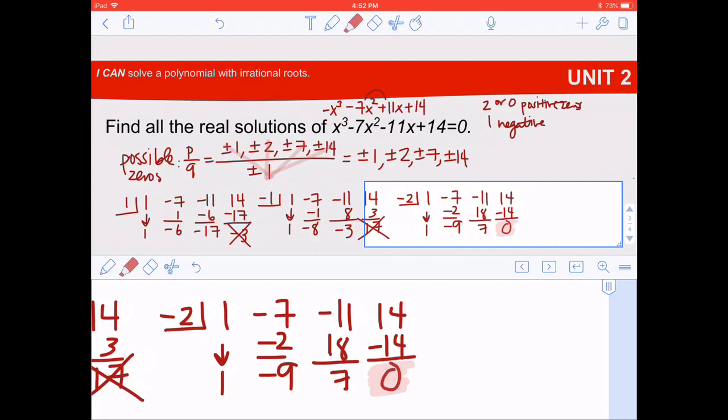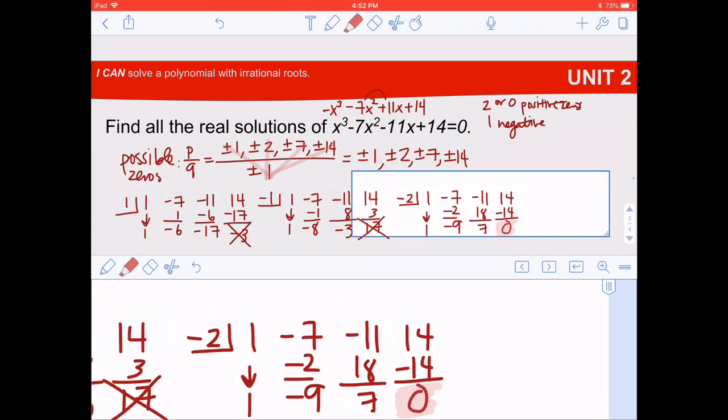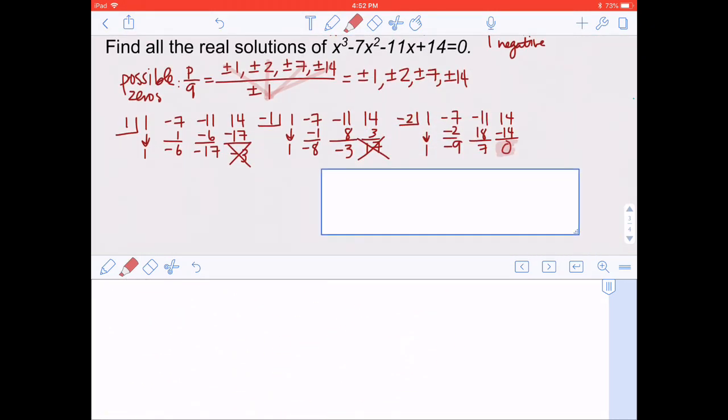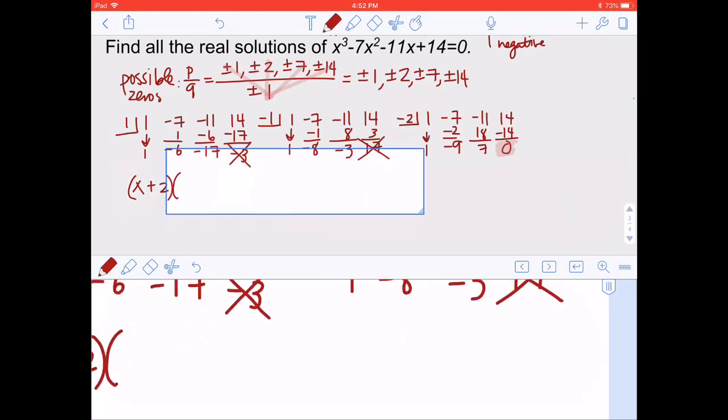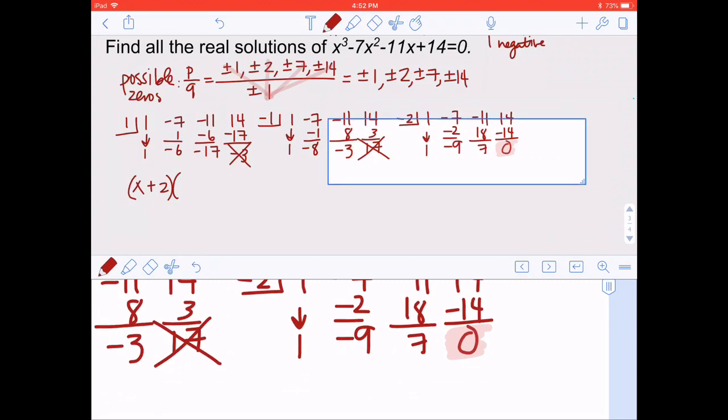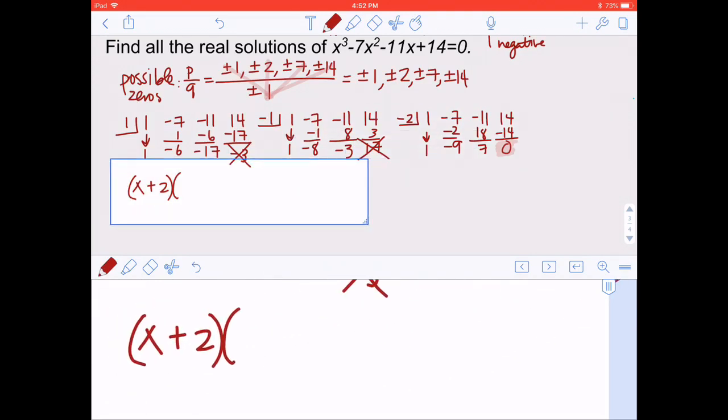So negative 2 is one of our zeros here. So that means we can factor this. We have x plus 2. That's what we get from this 0 here. Think opposite when you write it as a factor. And it's going to become x squared minus 9x plus 7 there.